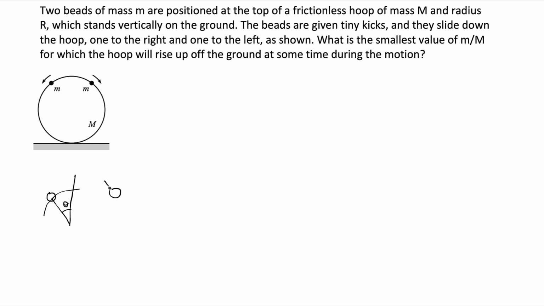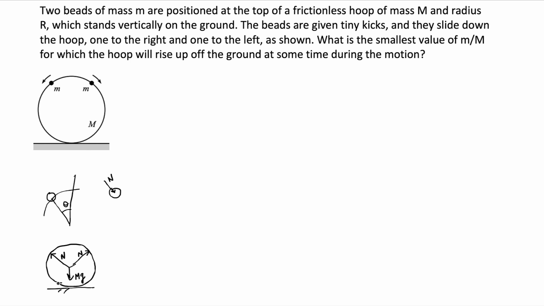There is a normal force here, which is due to the hoop on the bead. If I take the entire hoop, there is a normal force, and a normal force on this side because there are two beads here, and then there is a weight.